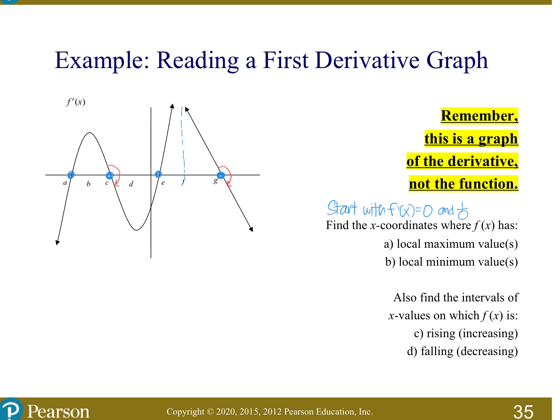We are not changing from positive to negative values around A or E or F. So our maximum values would be at C and at G. Those are the two local maximums. They meet the definition. The definition is that the first derivative is equal to 0 and changing from positive to negative.